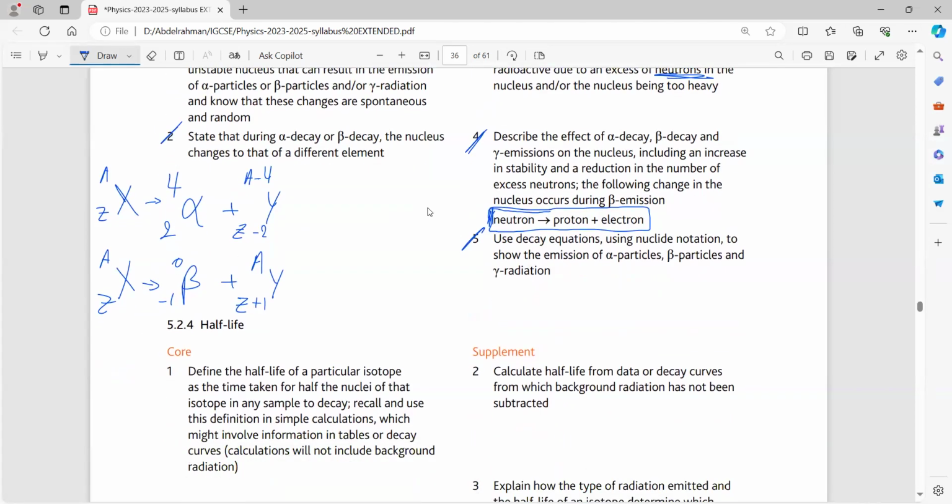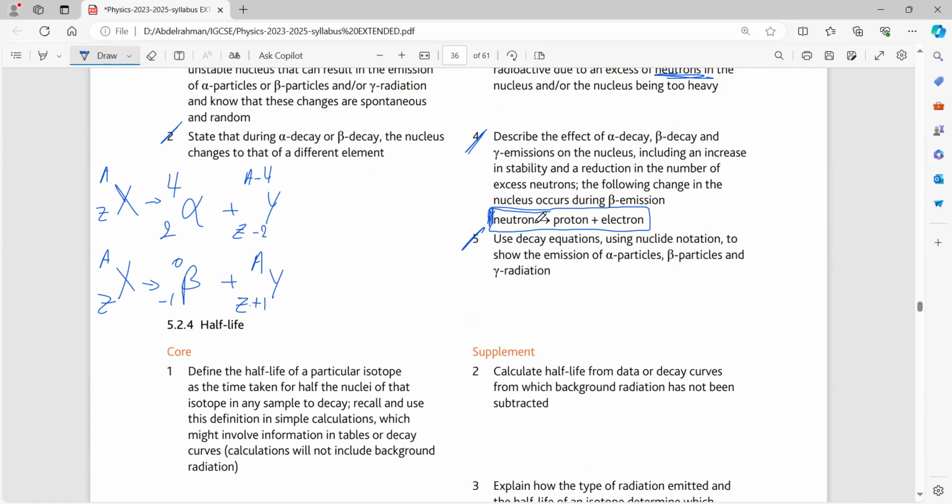Beta will have the same mass number, but the proton number will increase by 1. So I don't say a neutron will become a proton and an electron? No, that's if he asks you in specific detail what happens inside the nucleus. If he does ask you, then you have to say that the neutron splits into a proton and an electron. This electron is the beta that escapes, for example.